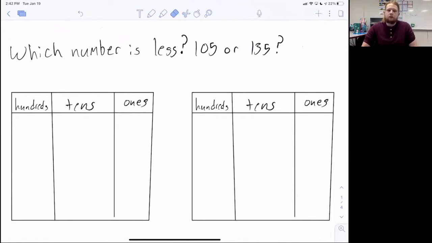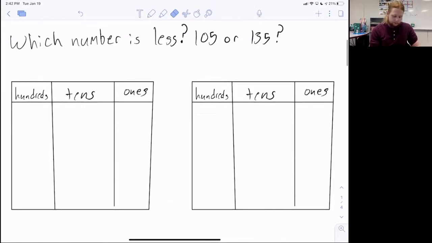So which number is less, 105 or 135? So let's go ahead and get our place value disks out, and remember the disks are all around the same size. And we have a 100 disk, a 10 disk, and a 1 disk. So 105, well, let's start from right to left.